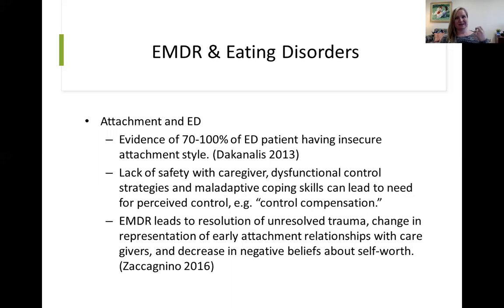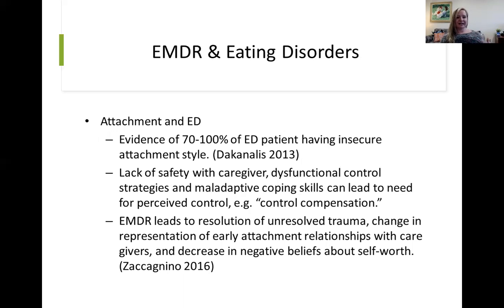I'm overly controlling my grades. A lot of times we'll see a lot of perfectionist behaviors, or I'm over-controlling my weight loss, or my body size, my body shape, to really compensate for a lack of control that they actually feel they have.